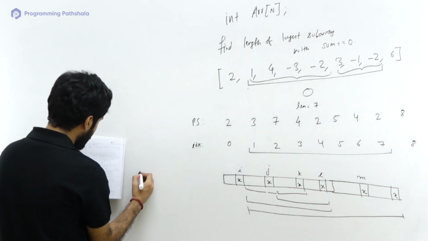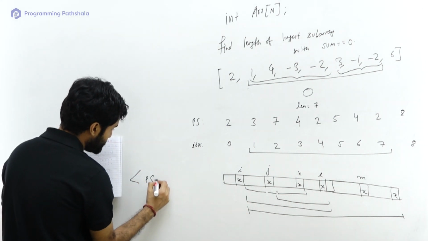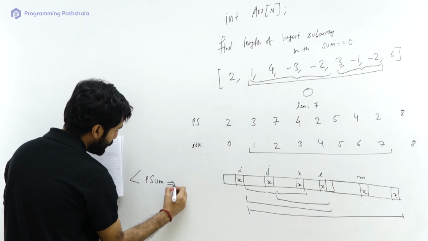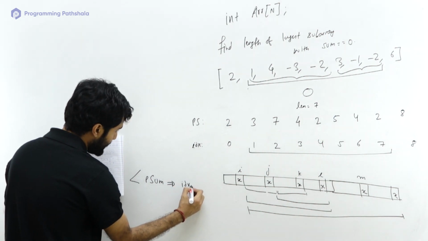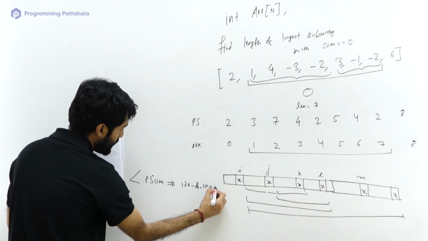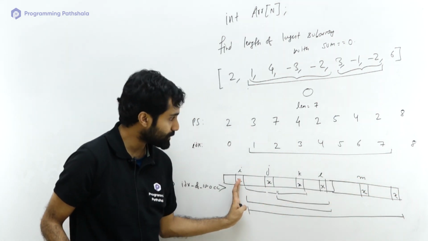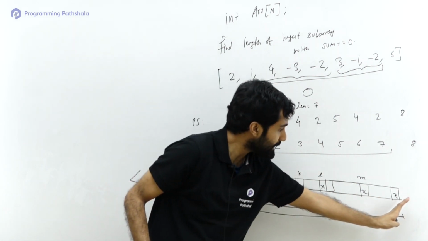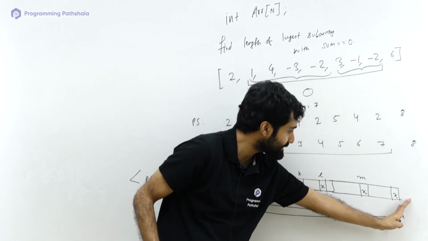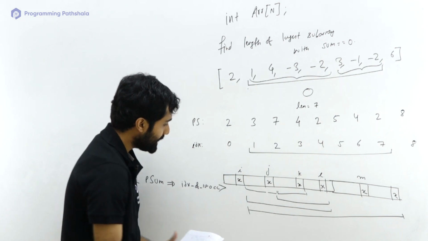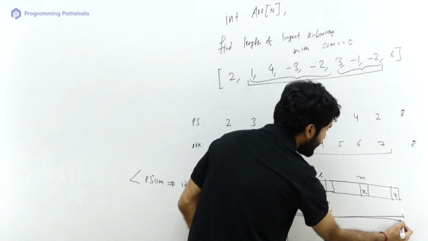So I would want to record that if there is a prefix sum which is this, then I would want to know for it that, hey, what was the index of first occurrence of this prefix sum? Because if I know the index of first occurrence, then every time when I subtract this index from this index, then I will be able to get the longest length.